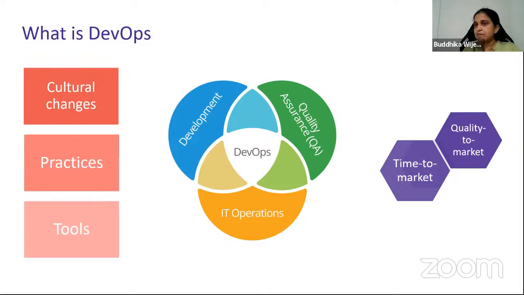So it is not only a practice, not only a process, not only a tool or technology. It's a complete process. It includes some cultural changes, some practice and process changes, and it needs some tool adoption. And this will eventually increase the collaboration between development, quality assurance, and IT operations without going in a sequential manner.